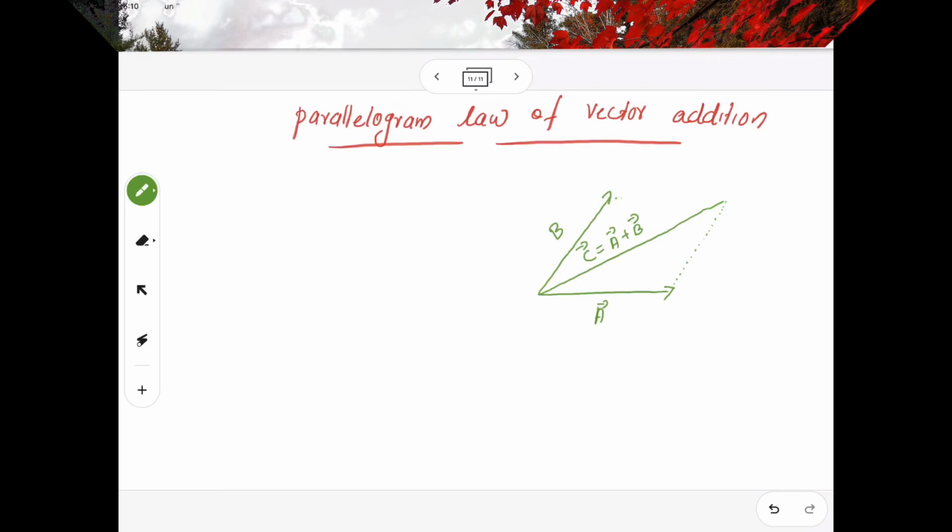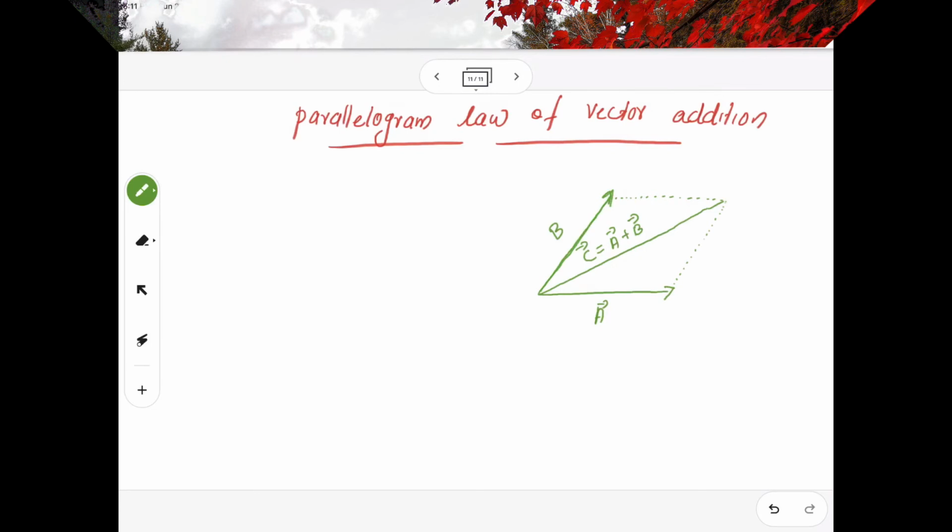So vector A and vector B. Vector A is represented like this, the bottom side, and this is my vector B as I have drawn.